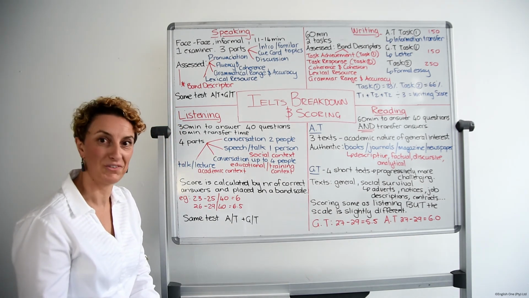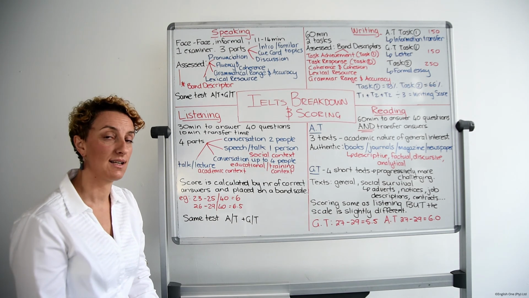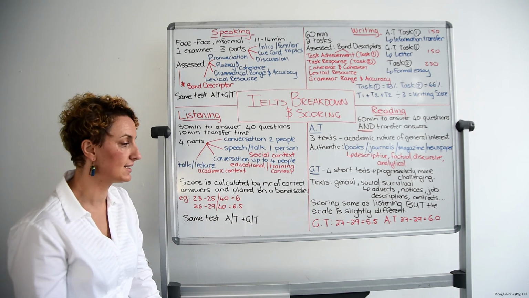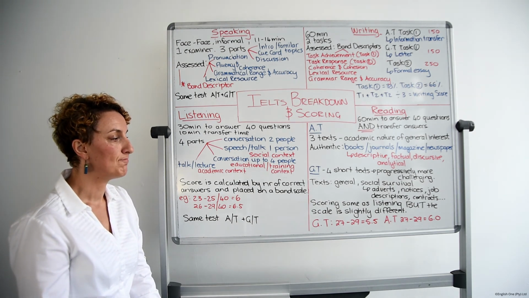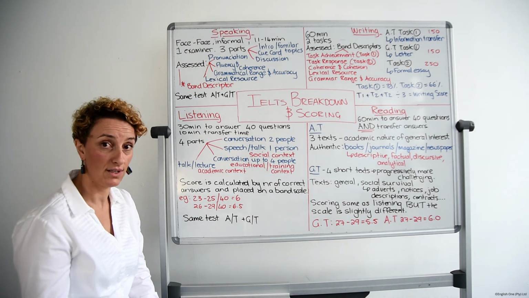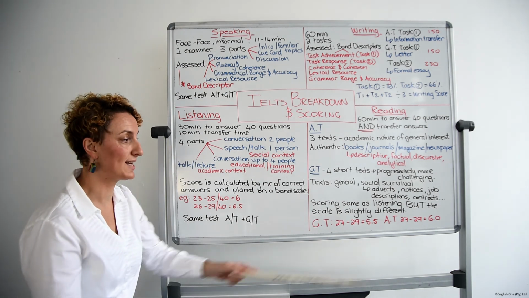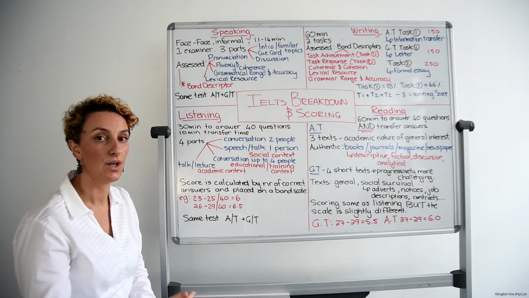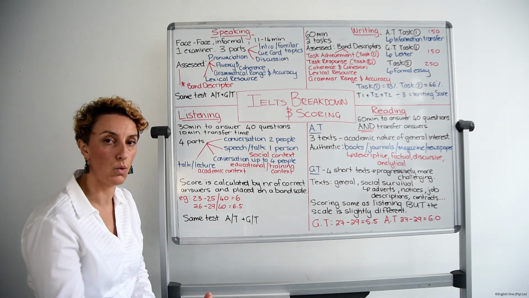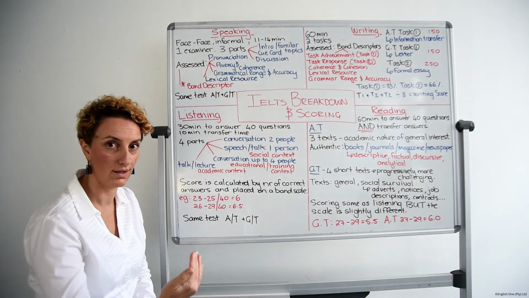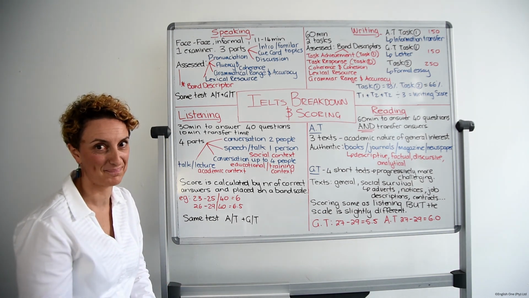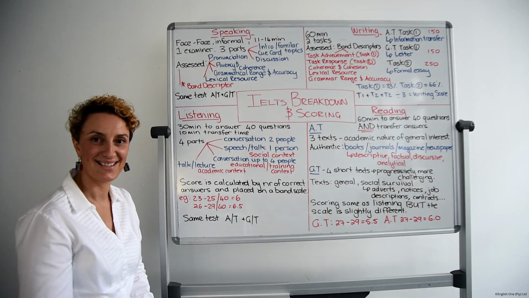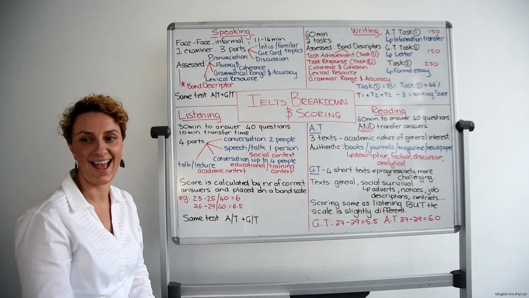Seems a little bit odd, I know. But there is a very simple reason for that. And that is, it takes a little more effort to get 27 to 29 for the academic test. And so the students, candidates, are awarded a little bit more in the academic test. And that is it for the IELTS breakdown and scoring.